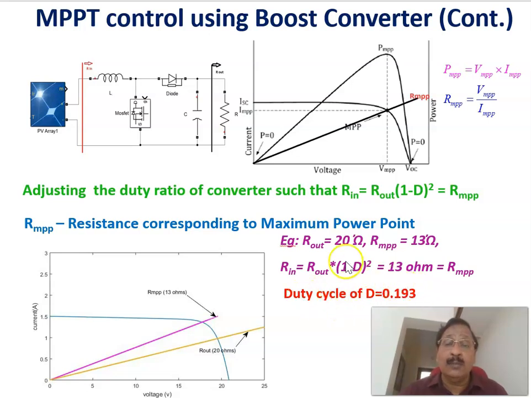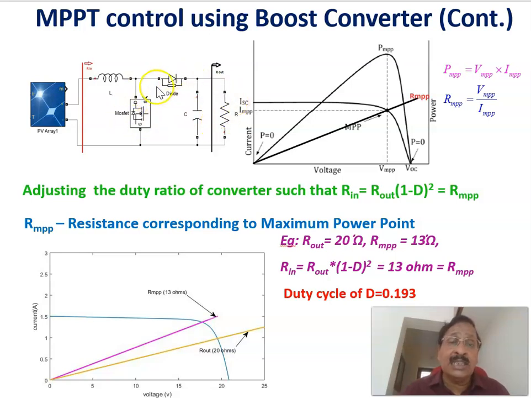Therefore, if you work with a duty cycle of 0.193, then the resistance at the input side will be the same as 13 ohm, which is the same as RMPP. Then maximum power will be transferred from the PV system into the load.